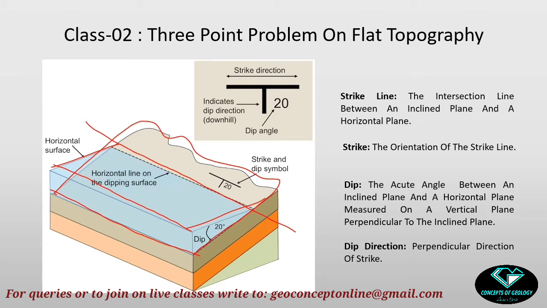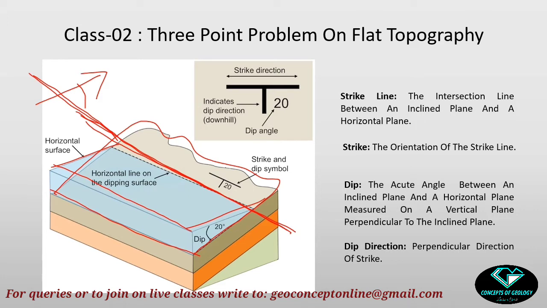Now suppose my north in this area is like this one. This is the north direction. Then I can measure the orientation of this line with respect to the north. This line is making an angle with the north direction.